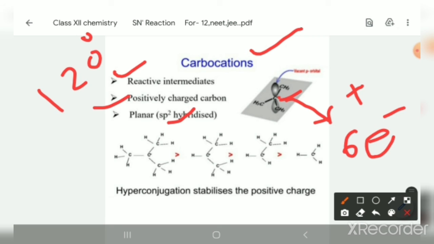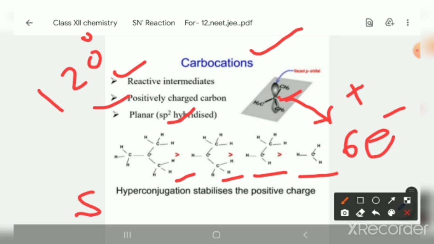And now see here, this is the stability of the carbocation. This is a methyl carbocation, ethyl carbocation, isopropyl carbocation, and this is the tertiary isobutyl carbocation.